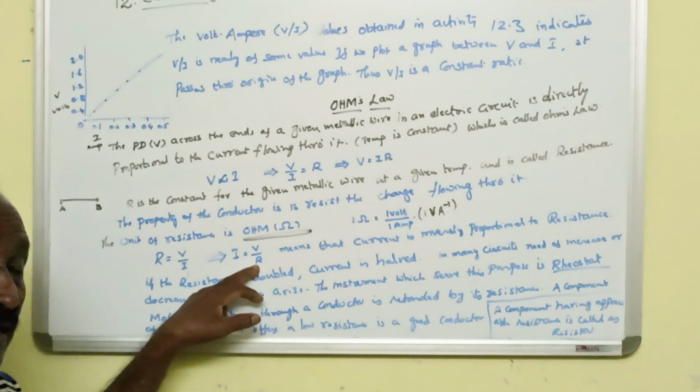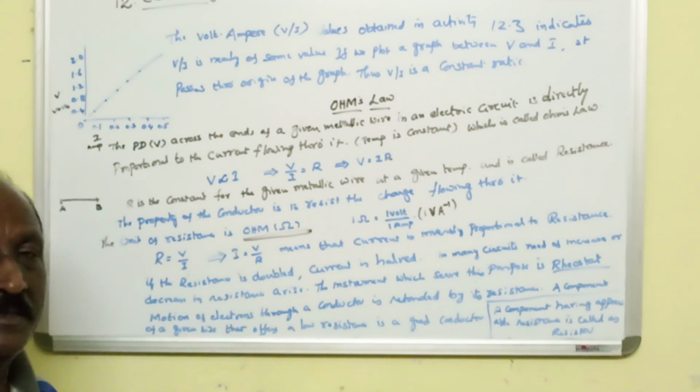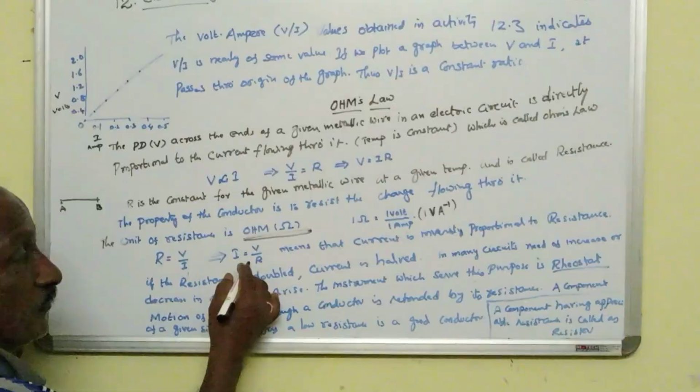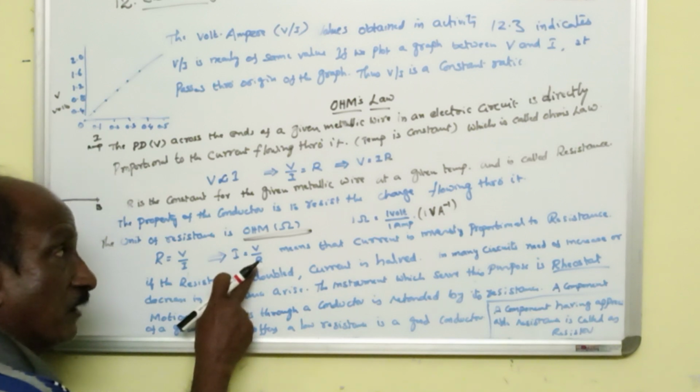Or if we quadruple the resistance, if the resistance is raised by 4 times, what will be the current? Try to solve such problems using the formula.